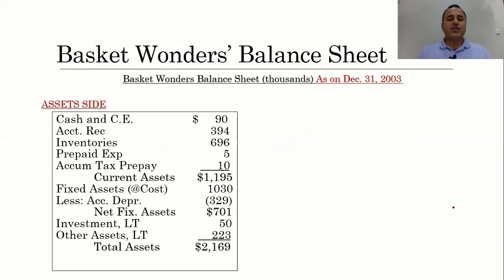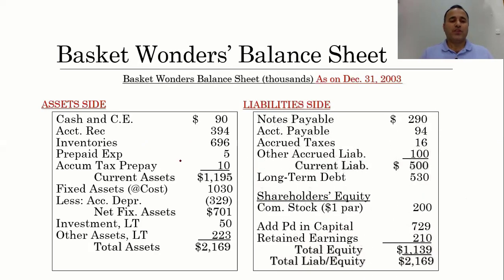A typical balance sheet would look like this. This is the asset side of the balance sheet. Of course, you have cash, accounts receivable, inventories, and these are your current assets.